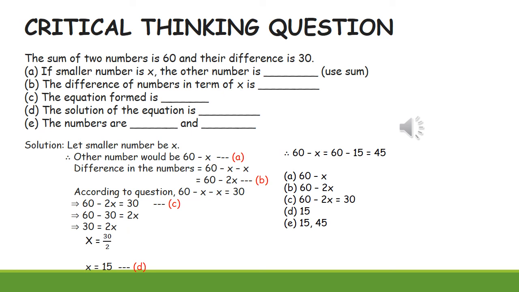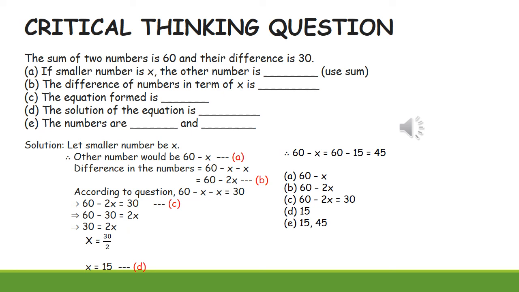Critical thinking question. The sum of two numbers is 60 and their difference is 30. Part A. If the smaller number is x, what will be the other number? The other number will be 60 minus x because the sum of two numbers is 60.